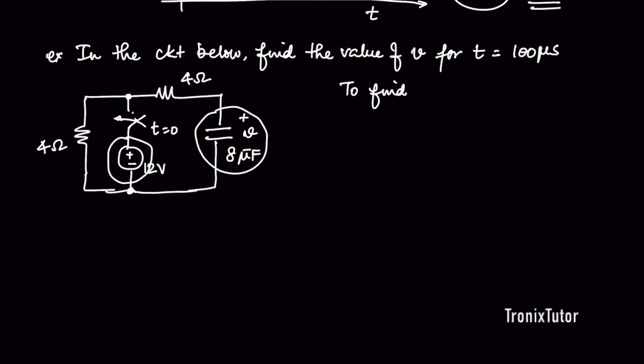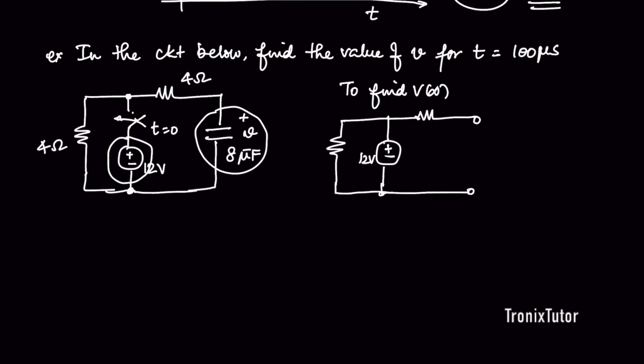So to find V of infinity, let's redraw the circuit and assume that the capacitor is open circuited. In this case, the voltage across these two nodes is going to be 12 volts because there is no current flowing here.